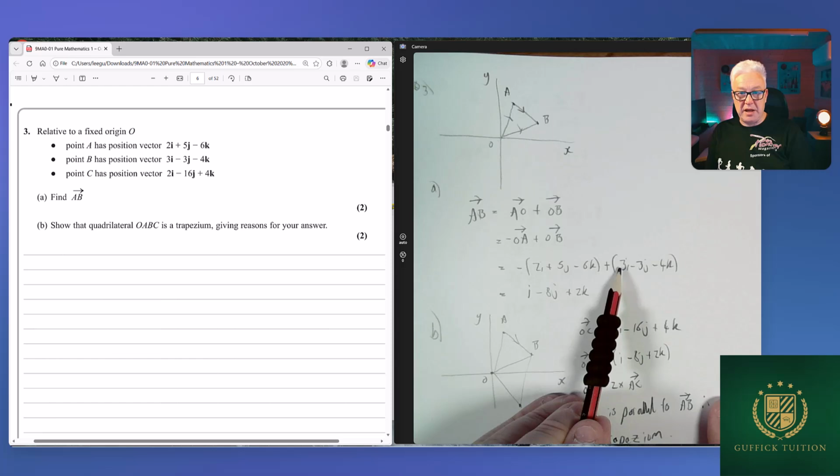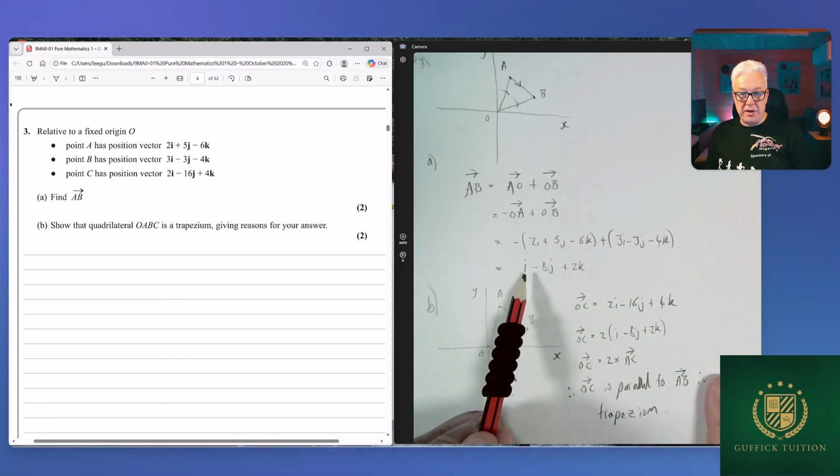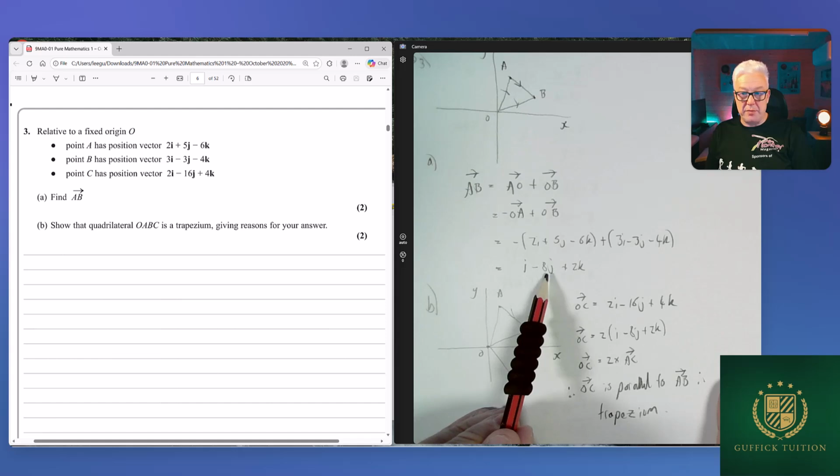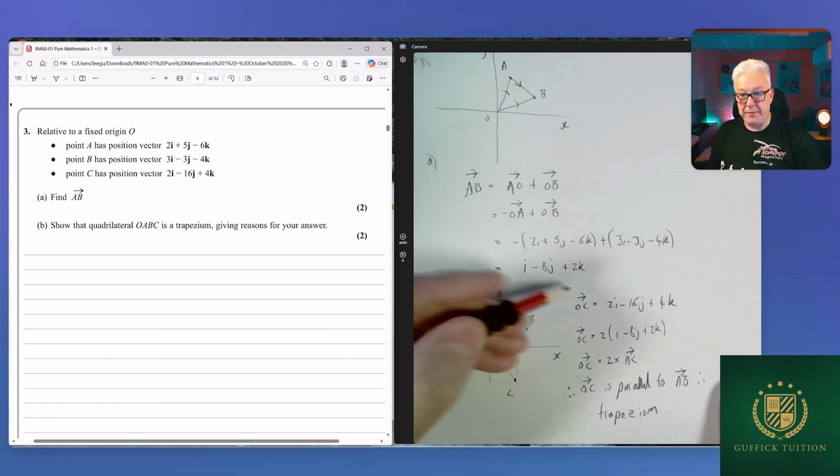We have our vector here, which is O to B. So when we add these together, we end up with i minus 8j plus 2k. So that, for 2 marks, is our part A done.